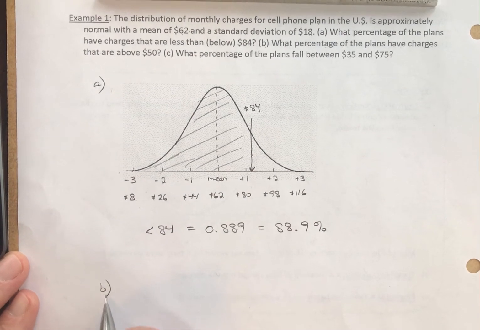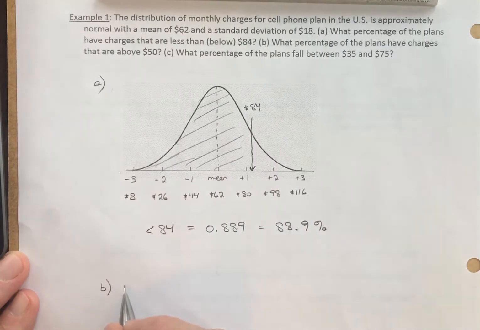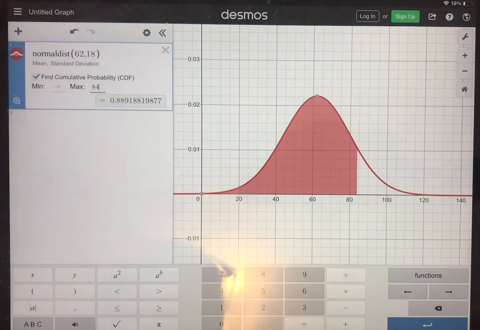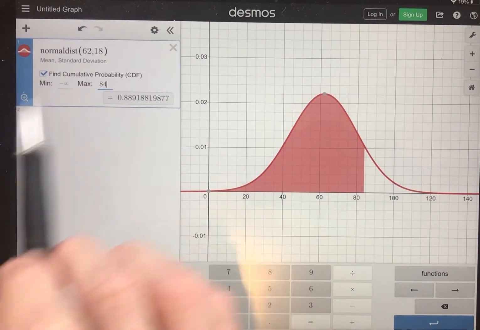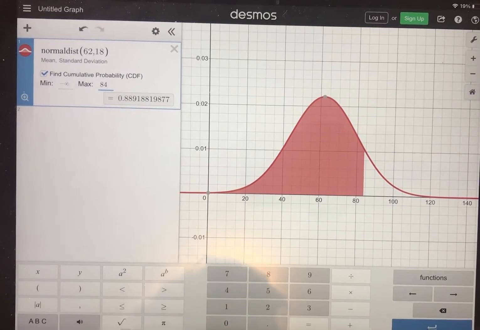Let's look at letter B. We want to know above $50. So letter B is greater than $50. Okay, let's go back to Desmos. Okay, so currently it's set up to go from negative infinity to 84. We want 50 to be our minimum because we want to be above 50.